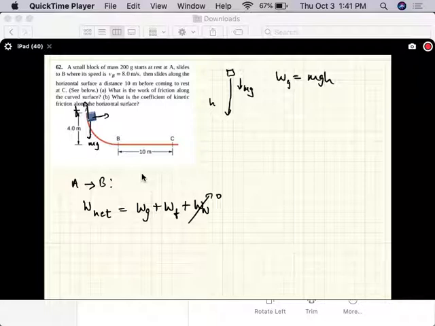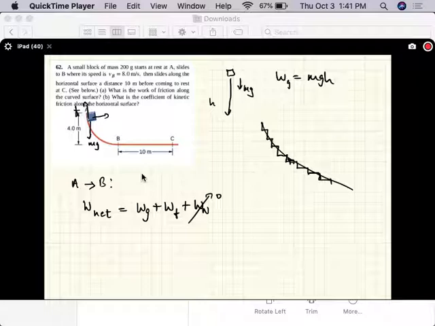If it's a curved path, here's a quick and dirty proof: you break it down into small paths like that. During the horizontal leg of the path, no work is done. So that's the work done by gravity, a quick and dirty indication of that.